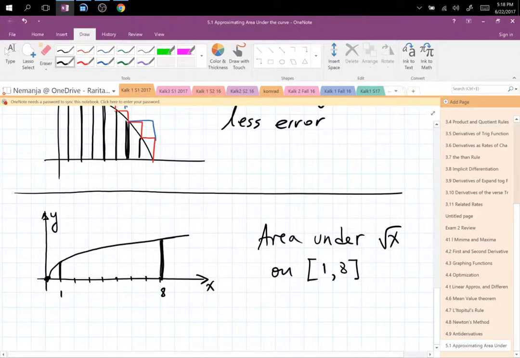Can you put 24 rectangles? Yep. Can you put 2 rectangles? And 3 and 4. You can put any amount you want. But since 1 to 8 is 7 divisions, I am going to put 7 rectangles. It's going to be annoying to compute, but I would say such is life, right?